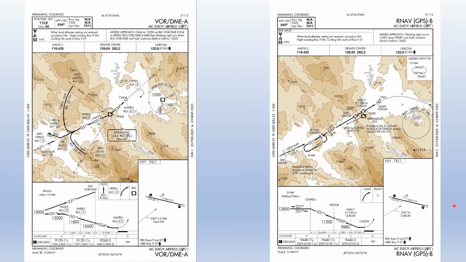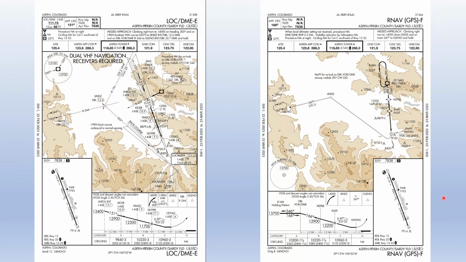There are some airfields, though, that used to have multiple circling approaches, but some have been decommissioned and they never went back and changed the letters in the approach titles. For example, we have two circling approaches into Aspen, Colorado. We have a localizer DME Echo and an RNAV Foxtrot.